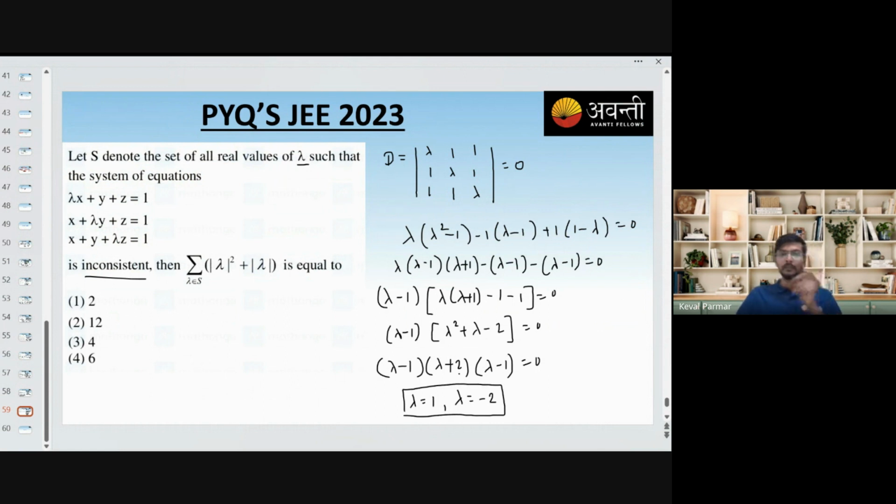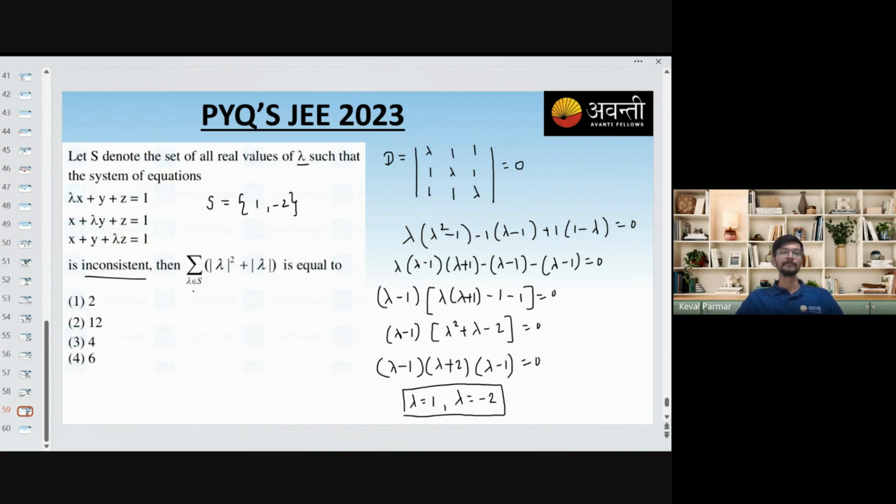So for these values, the system of equations is inconsistent. Let S denote the set of all values. That means the set S has the values 1 and minus 2.